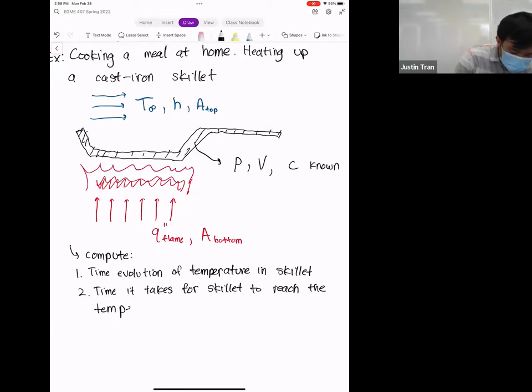If you've ever cooked a steak before, or really anything over the stovetop, you know the perfect time to put meat or anything into your pan is when the oil starts to shimmer or starts to smoke. That's usually the best time to add your food. So you want to compute the amount of time it takes for the skillet to reach the temperature at which oil smokes.